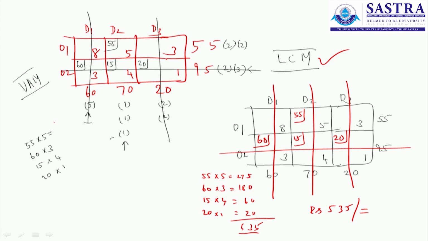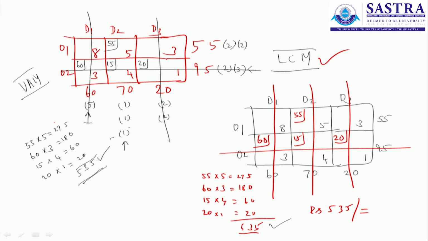Now what is the total cost? 275 here, 180 here, 60 here, then 20 here. The total is 535. So what we have from the least cost method, we are having the same thing in Vogel's approximation method.